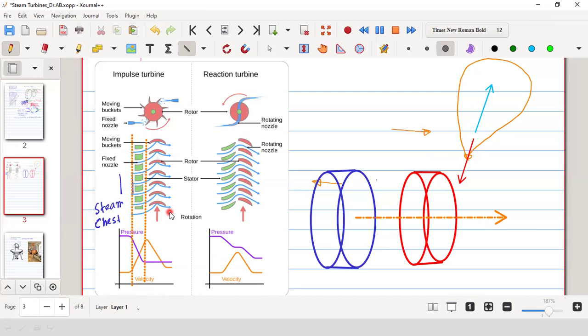Pressure remains constant, because there is no expansion of steam. If there is no expansion, then the pressure will remain the same. So this purple color line clearly shows pressure remains constant. Only velocity is decreased.